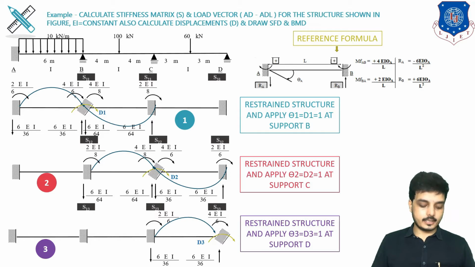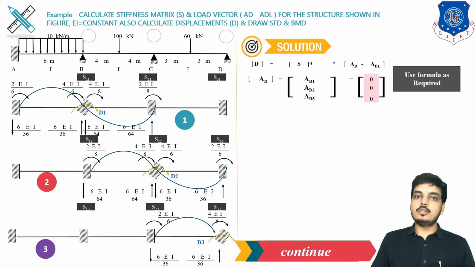Now moving ahead, we have to find out our primary unknowns, which is the value of D. The formula is D equals to S inverse into (AD minus ADL). In the previous example, we explained what AD and ADL are.